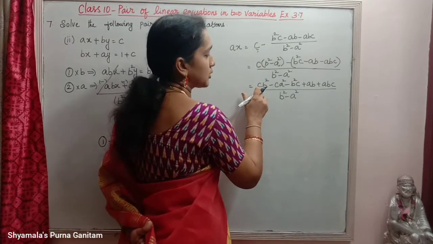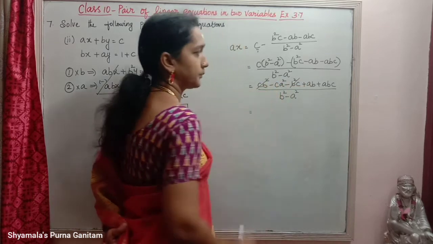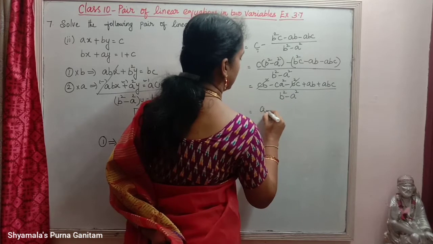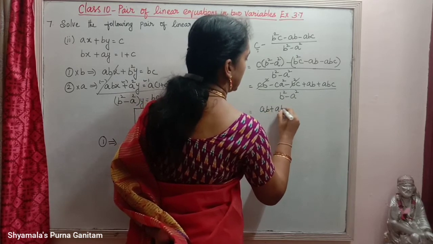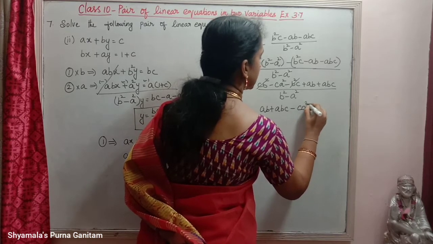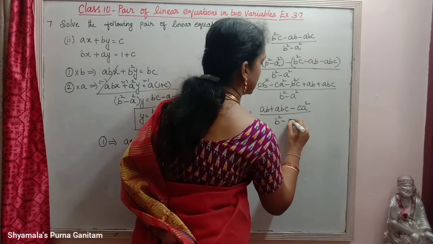So b squared c minus b squared c will get cancelled. Okay, so the remaining is ab plus abc minus ca squared divided by b squared minus a squared.